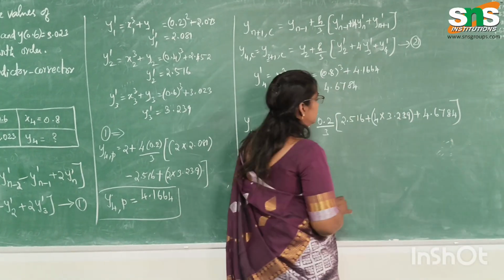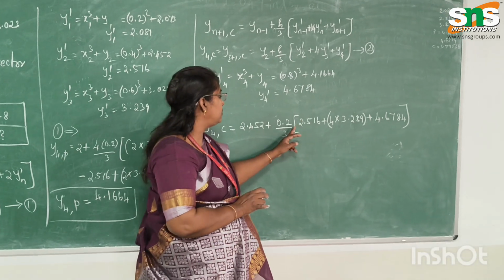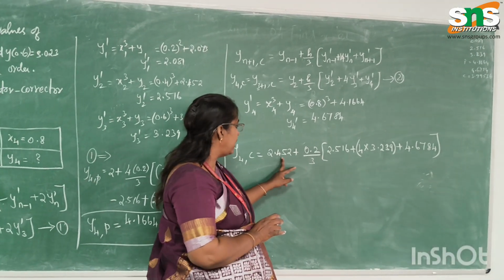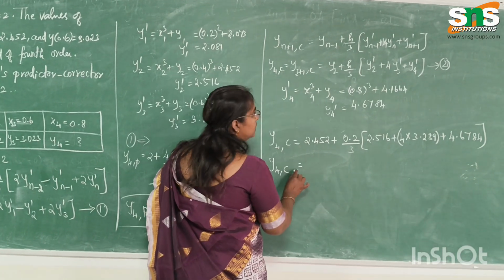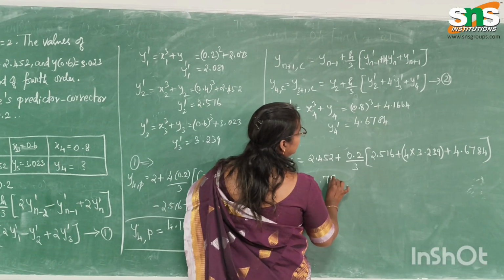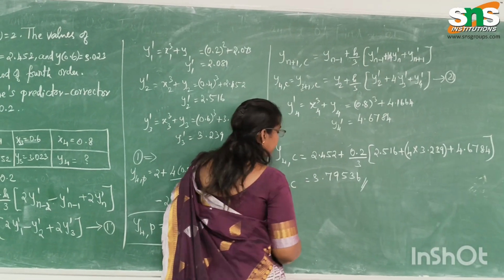Multiply these terms and add all the values, then multiply with this and divide by 3. Also add with this and you will get the value of y4 comma c as 3.79536. So this is the answer for the corrected formula.